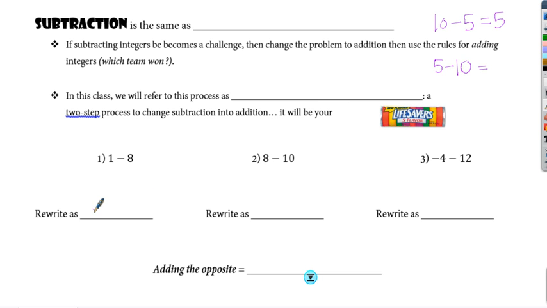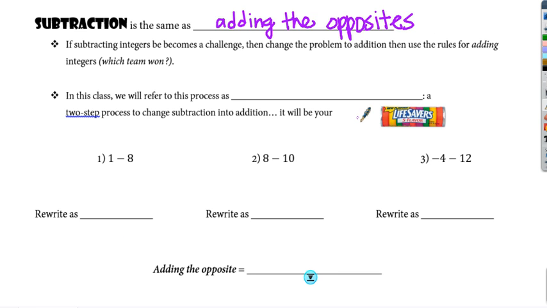So subtraction, if you think of it this way, when you have positive and negative numbers, it's actually the same thing as adding the opposite. So subtraction is the same as adding the opposites.